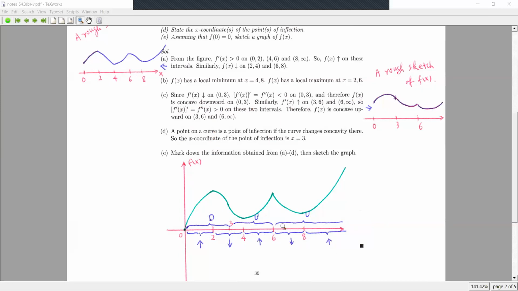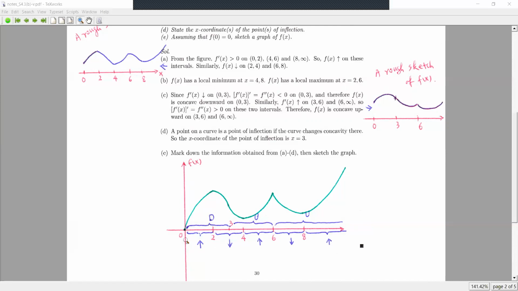Now, I'm ready to sketch the graph. Starting from the origin, because we assume that the function passes through the origin. So I start from the origin and sketch the graph of the function f, piece by piece.